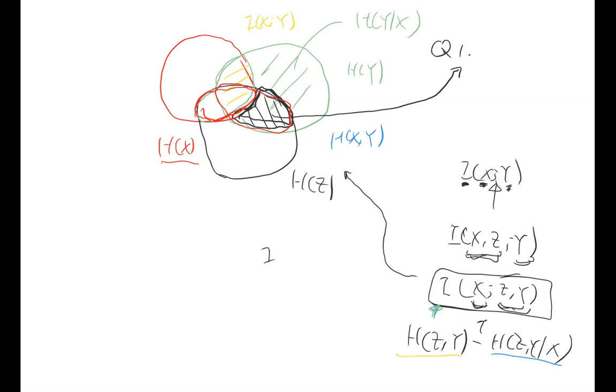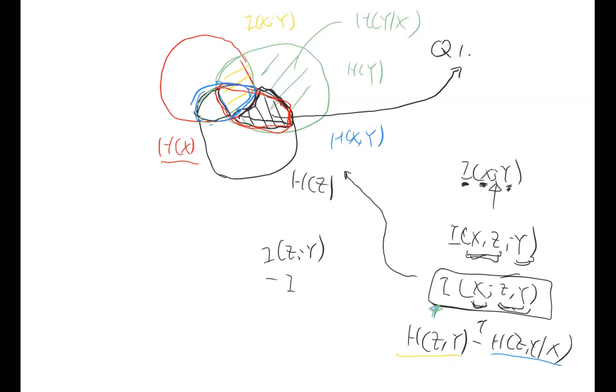So let me use a different color. Okay, I want to say this is I(C;Y), right? This is I(C;Y), and I(C;X) is this whole thing here. If you want to subtract this part instead, you have this one extra, right? So for his answer, you want to change to something like I(C;Y) minus I. So I want to subtract this part here.